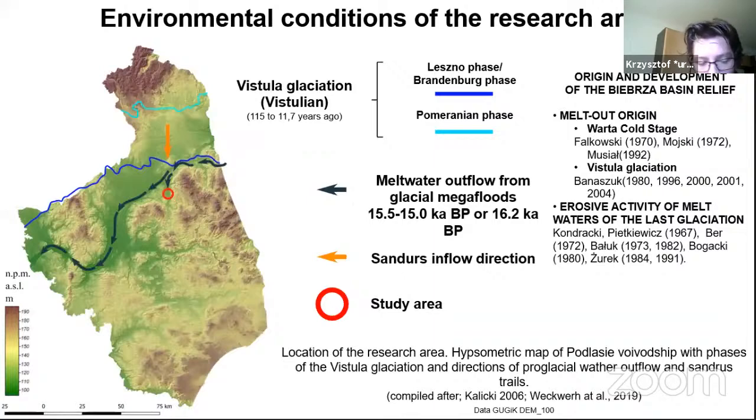In the Pomeranian phase of this last glaciation, the Brzozówka Valley was one of the southern outflows of meltwater routes and sand spreading probably, and evolved during the late glacial and Holocene.